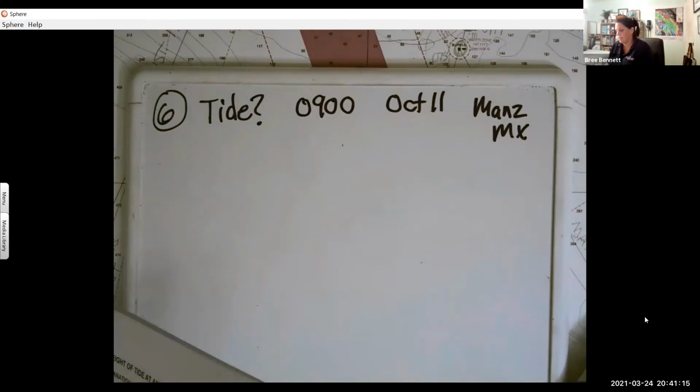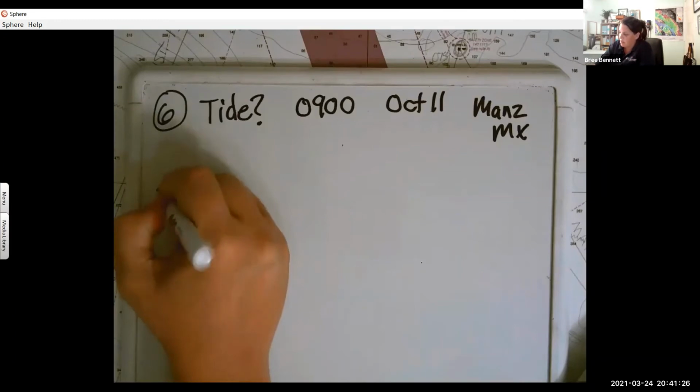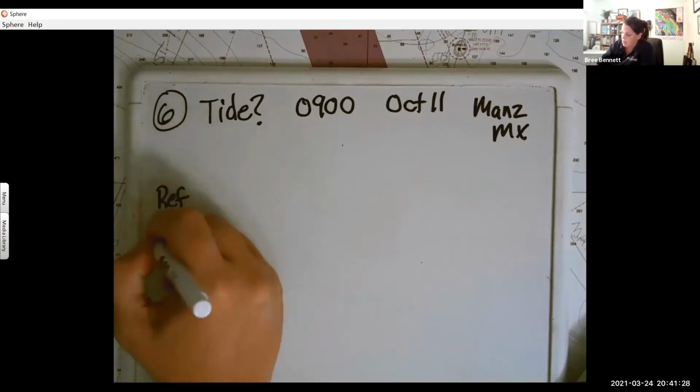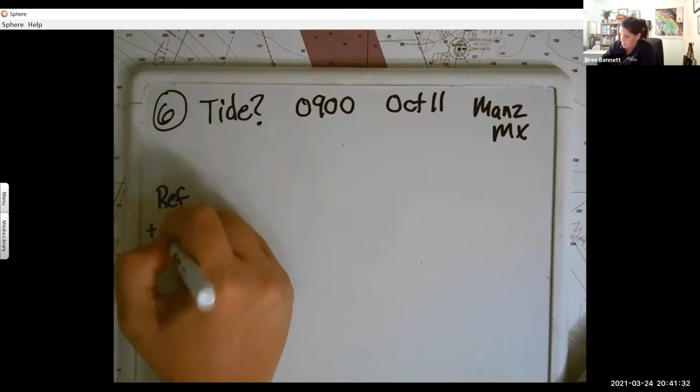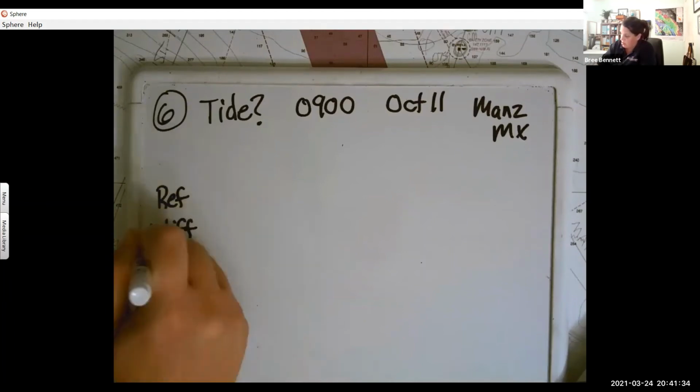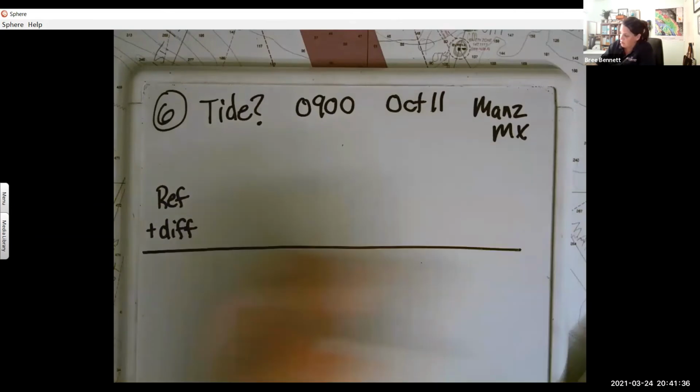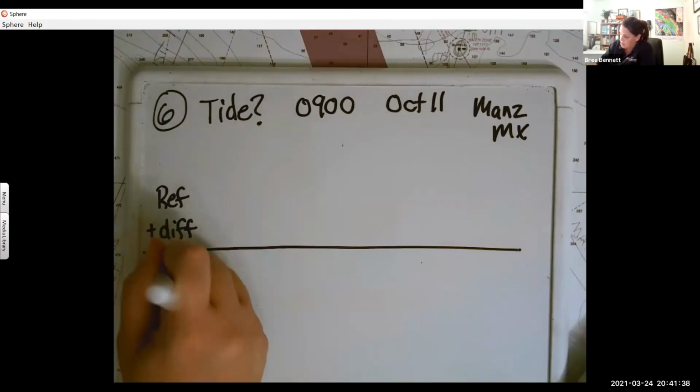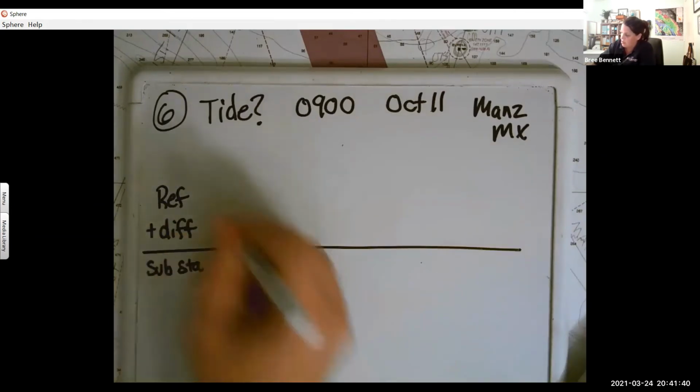So we're going to go back to table 2 to find Manzanillo. Let's say reference plus differences equals substation.